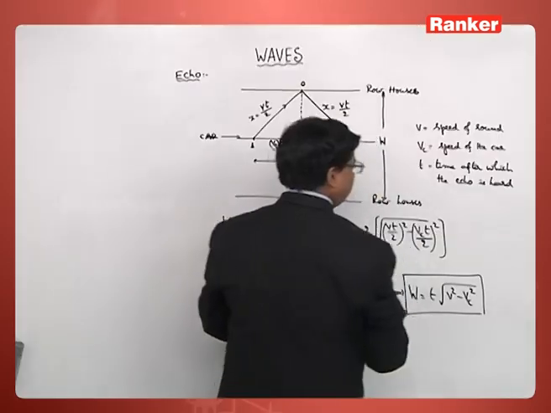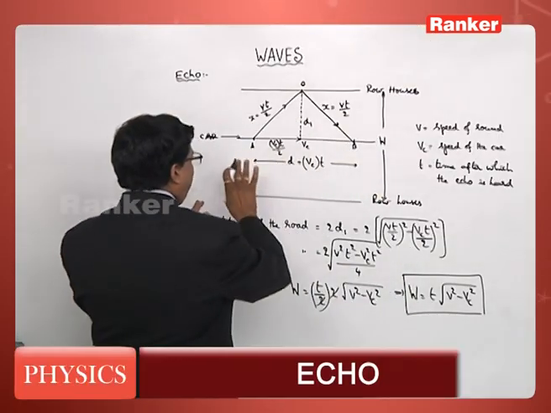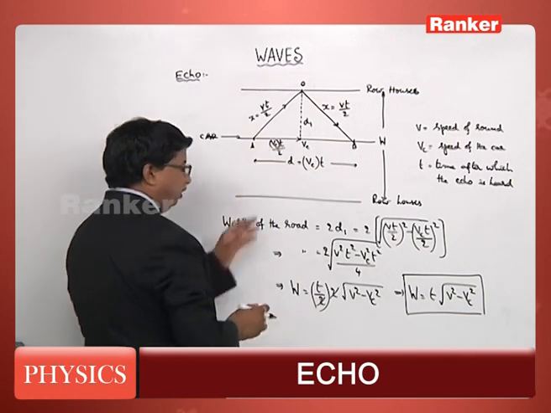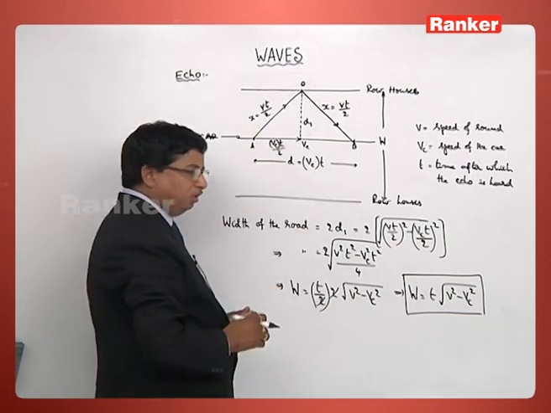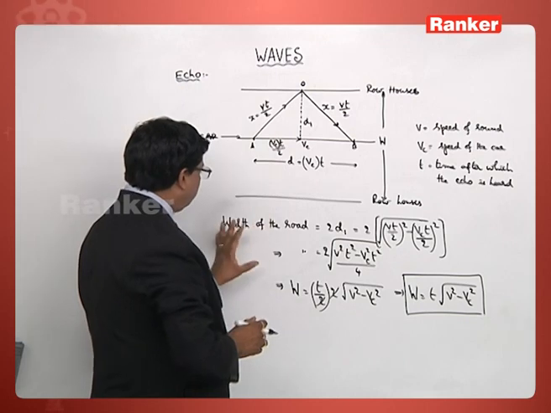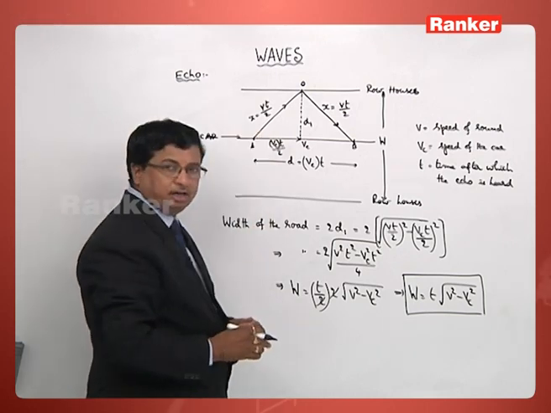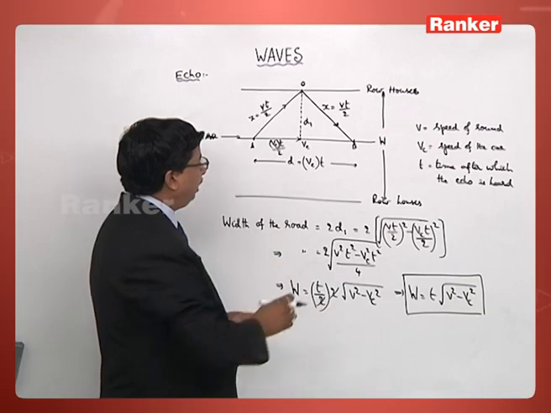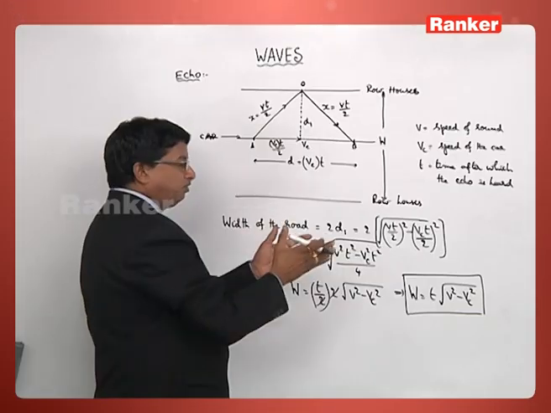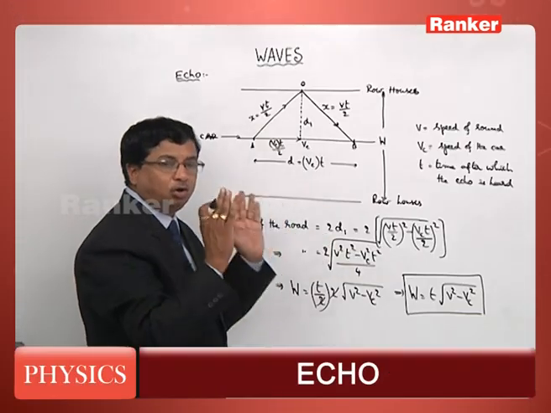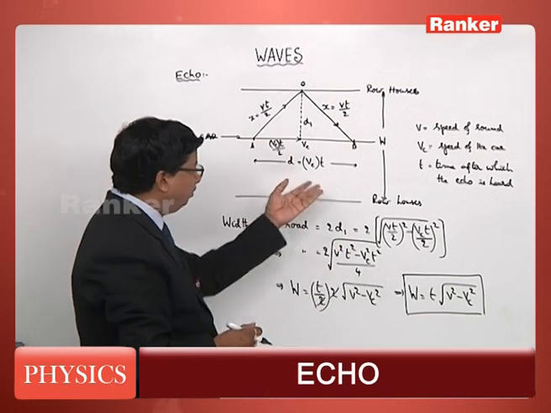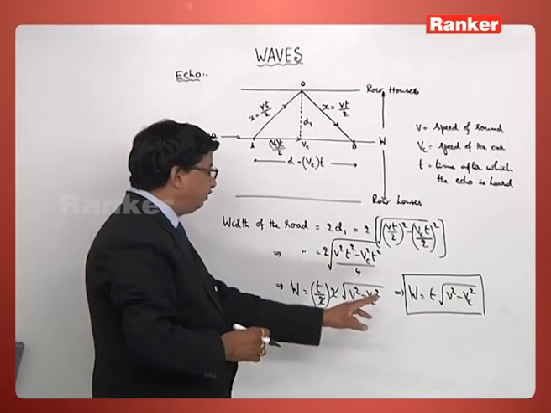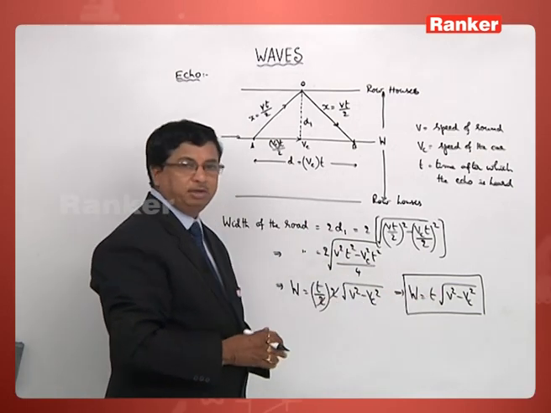That is the concept. So when you have been asked an application based on echo like this, one can estimate the width of the road directly, or you can even call it the distance of separation between the parallel row houses. Like that also they may ask you, but whatever the question, this is the ultimate formula one needs to remember.